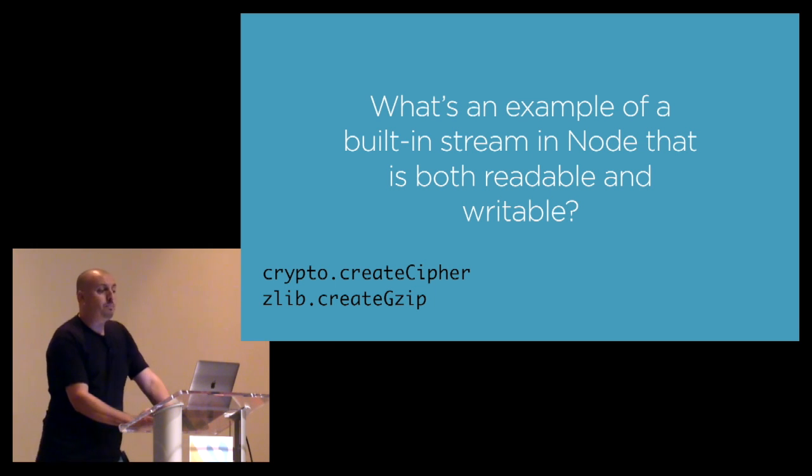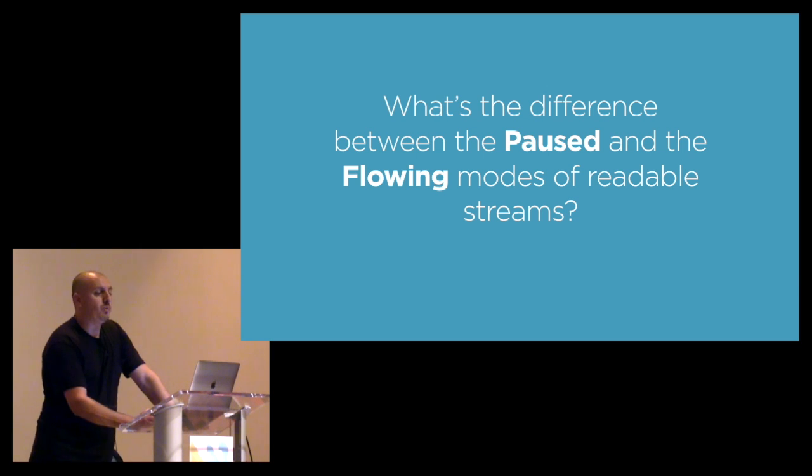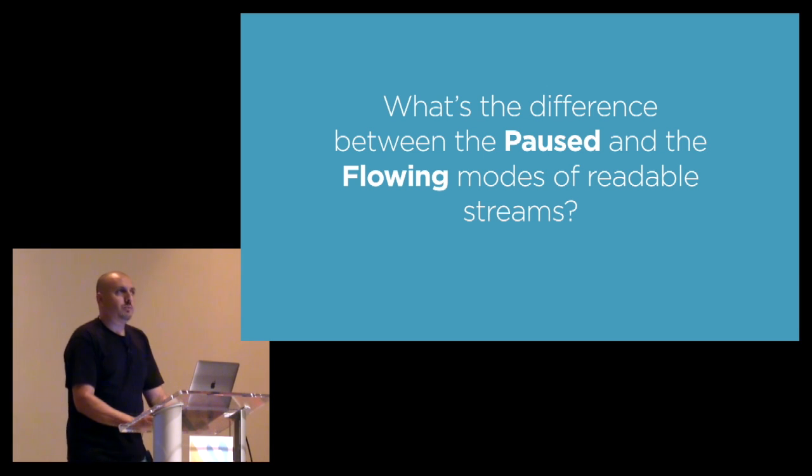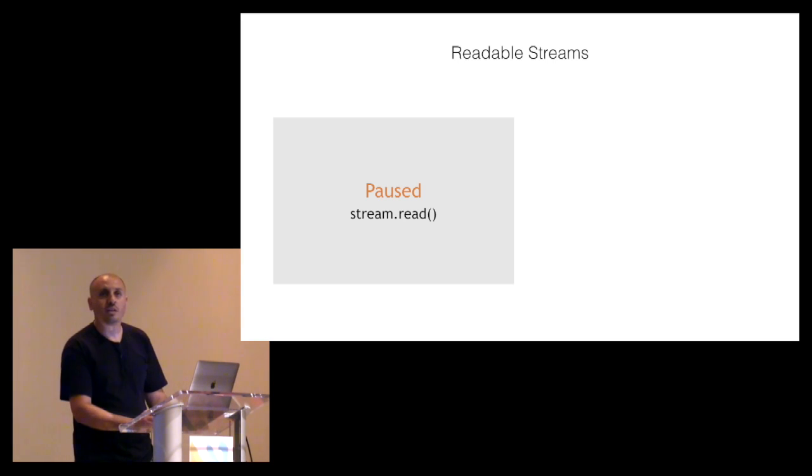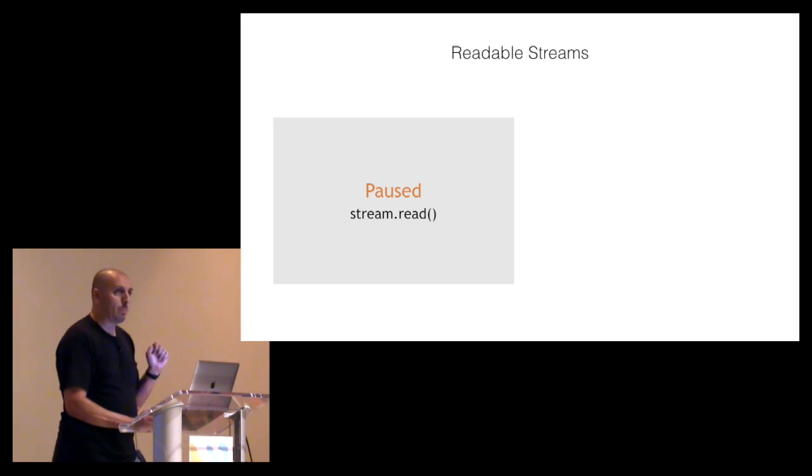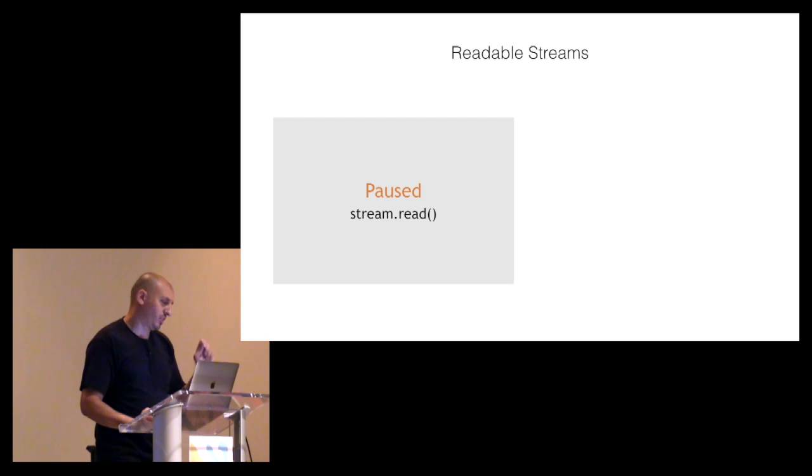What's the difference between paused and flowing modes of readable streams? Readable streams can either be paused, which is the default, in which case you have to pull information out of the stream. You have to say, stream, I want to read from you.